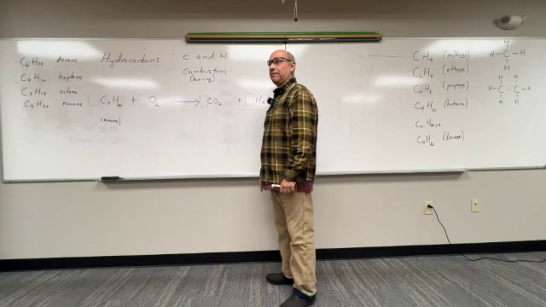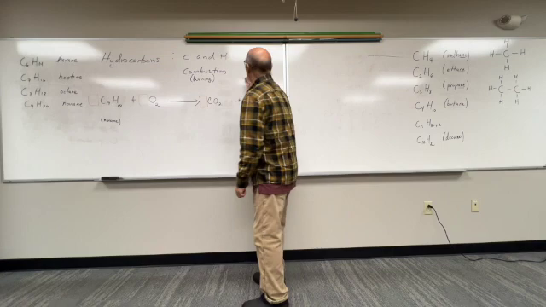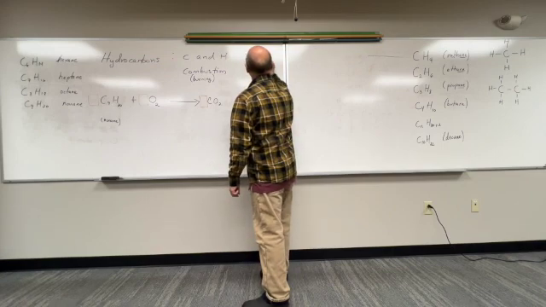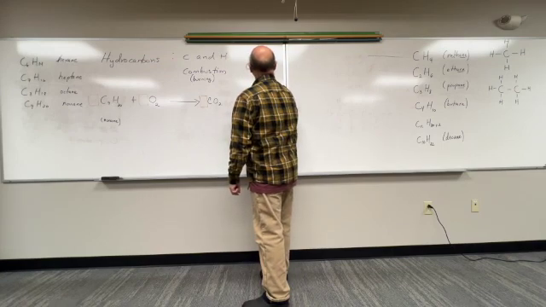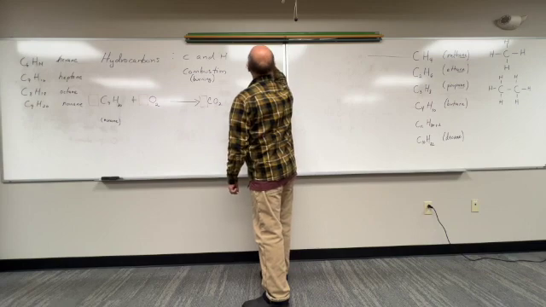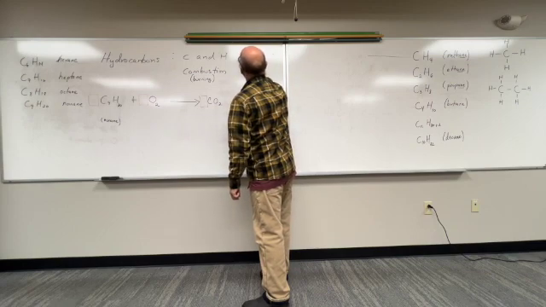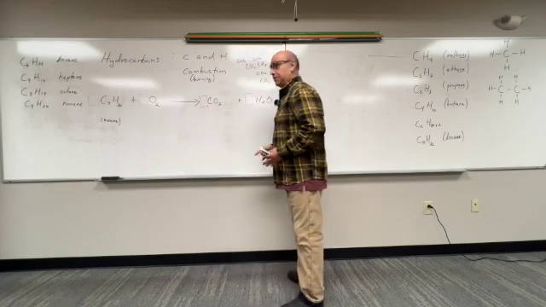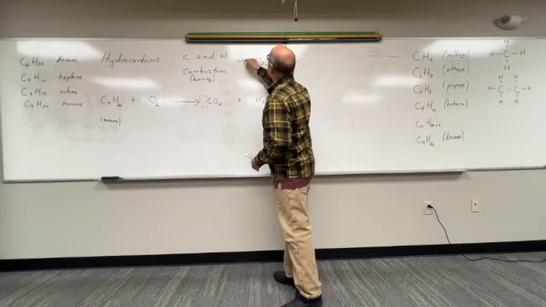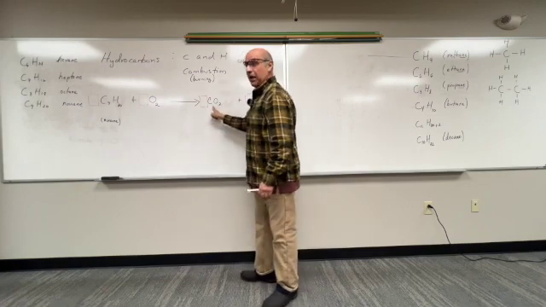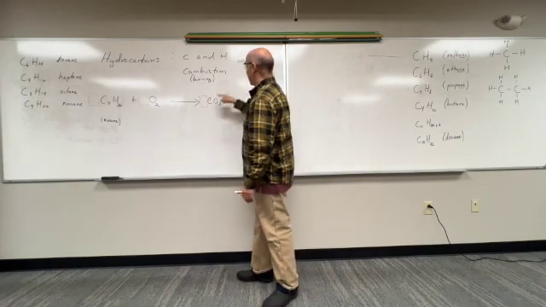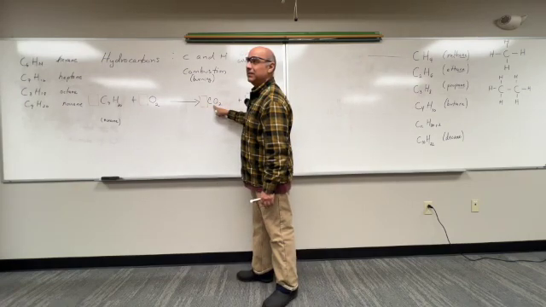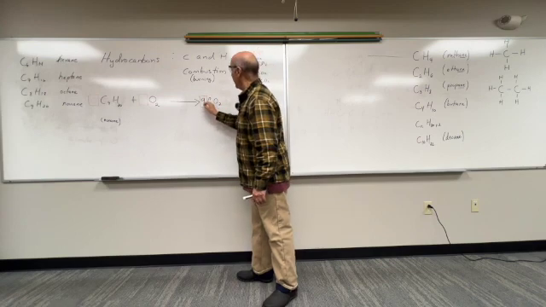Add 8. If I add 8, that means 1, 2, 3, 4, 5, 6, 7, 8, right? But I have 1 here already. So it's 8 plus 1, which gives you 9. So it has to be a 9 there.